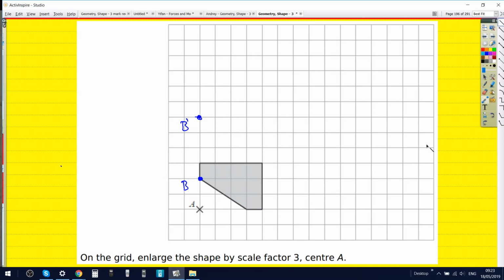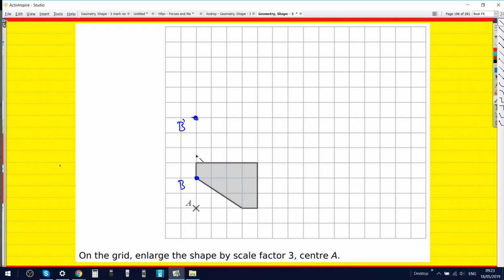Okay. And then for BG to go 3 up. Yeah. And then 4 across. It was 4 across. Oh, sorry, 12 across. Yeah.